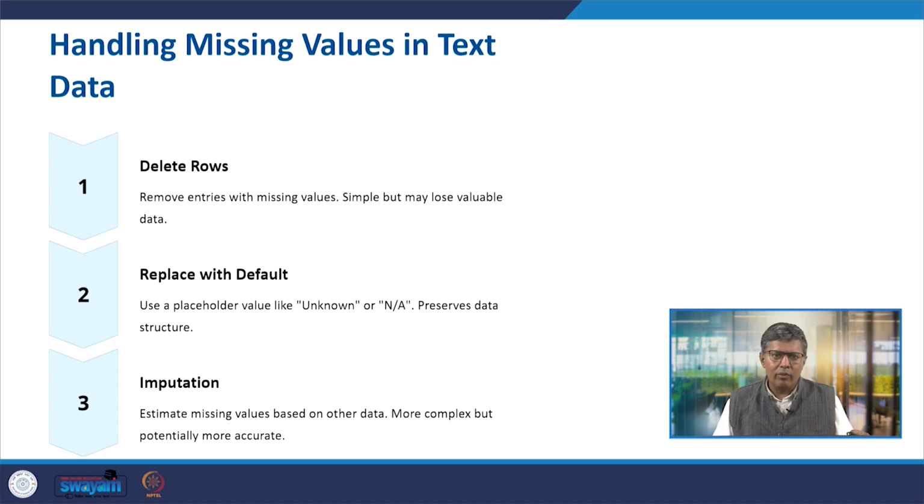Maybe then deleting the rows is not required, because deleting rows is only a last thing that you should be thinking of. As I said, if you have a large amount of data, then you may delete a few rows, nothing significant. But if you have less data, you can't delete them, right? So there you have to do this imputation.